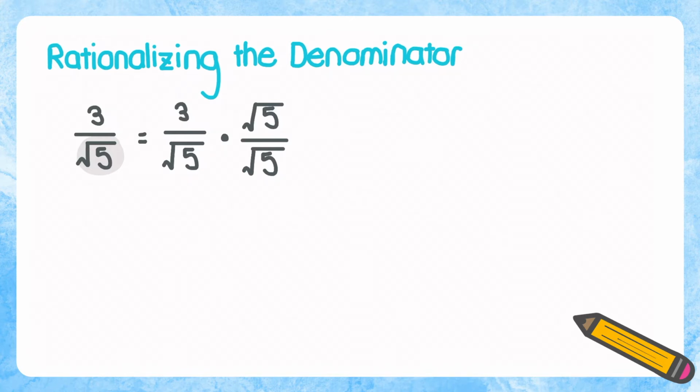So I'm going to multiply both the numerator and denominator by the square root of 5. So now I'm going to have 3 times the square root of 5 over the square root of 5 times 5.